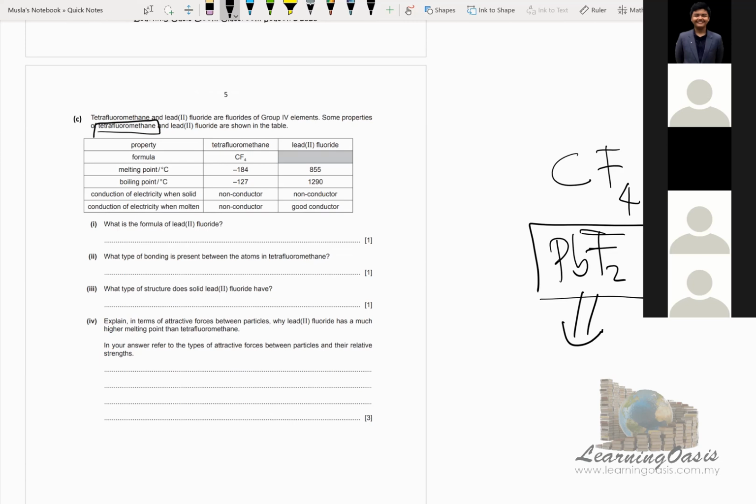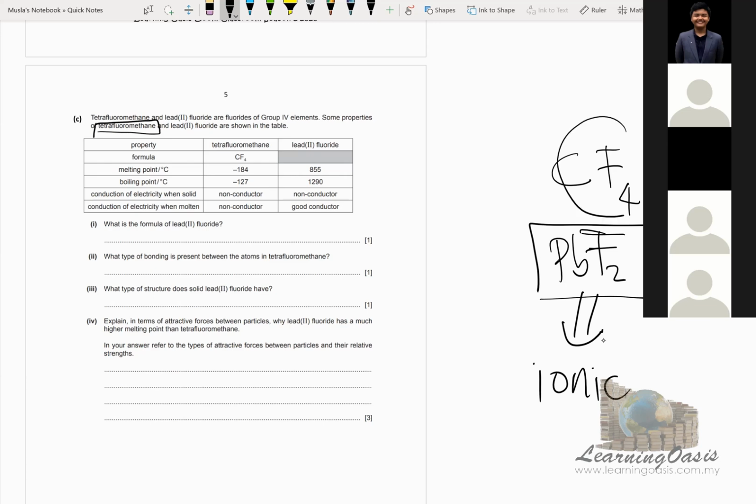Fluoride, what kind of compound is this? Marcus, this is ionic. What made you think this is ionic? Because it has a metal and non-metal. Yes, good. It's metal and non-metal, therefore it's ionic.